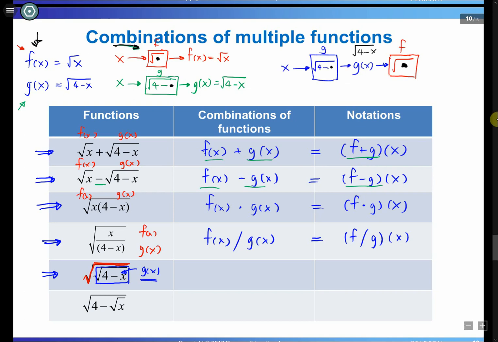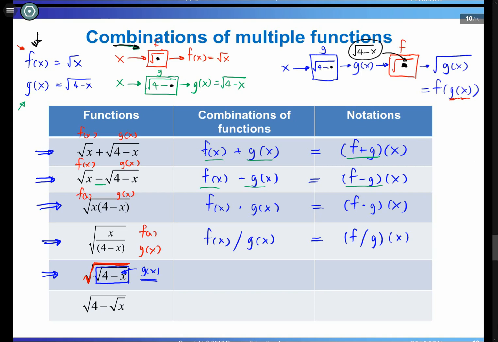And then this square root of 4 minus x becomes this input for this square root of that thing. Alright, so in the end you are going to get the square root of g of x. So we have this square root of g of x, or in other words, this is equal to f of g of x. G of x becomes the input for f.